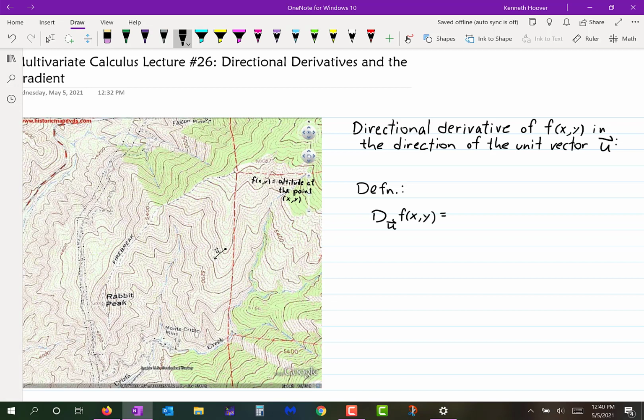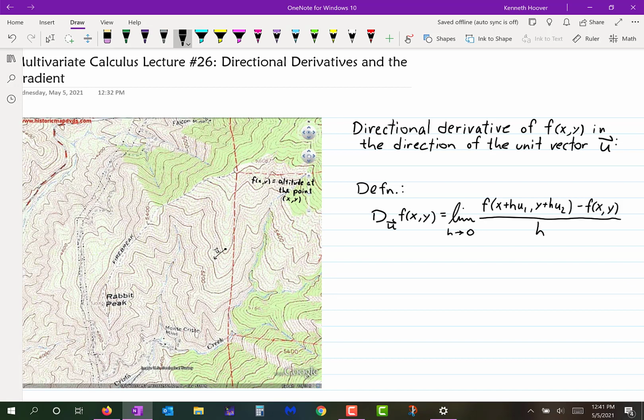And here's the definition. It's the limit as h goes to 0. That should not surprise you because it's a derivative, so you should expect to see that limit as h goes to 0. Okay. Of what? f of x plus h times u1, comma, y plus h times u2, minus f of x, y, over h.